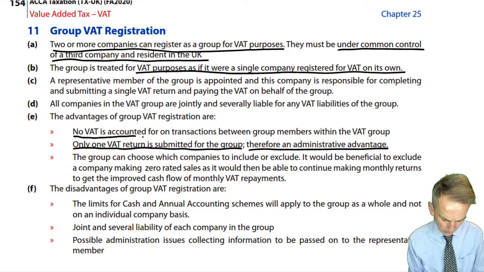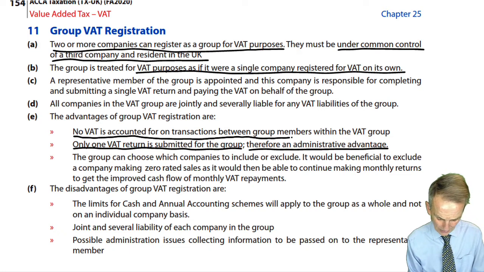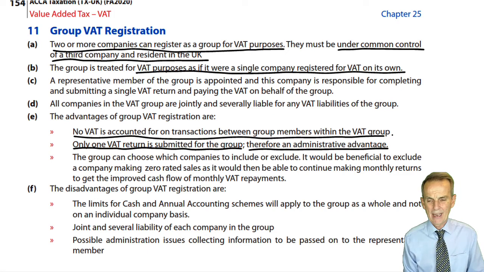No VAT also will be accounted for on transactions between group members within the VAT group. An intra-group transaction is said to be outside the scope of VAT. Now remember again, it's important to define what we mean when there is no VAT charged upon a supply.